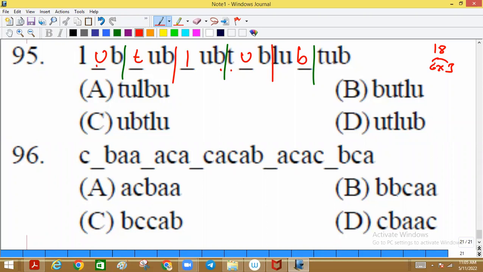What answer? Option? This is very big, it will take time to count in the exam. Total how many letters? 24. 24 means 8 blocks repeating 3 times or 6 blocks repeating 4 times.